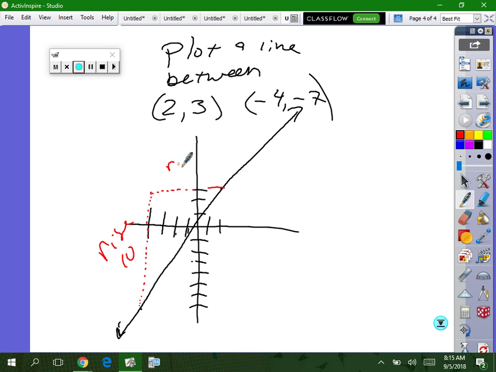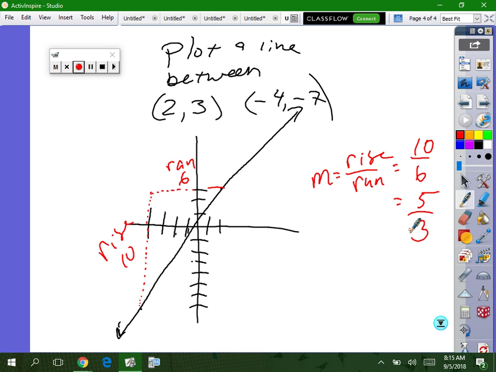So the run is 6. So first off, what's my slope? Once again, because it is rise over run, 10 over 6, but do I like 10 over 6 in mathematical terms? What should it be? 5 over 3. Okay, that would be our slope.